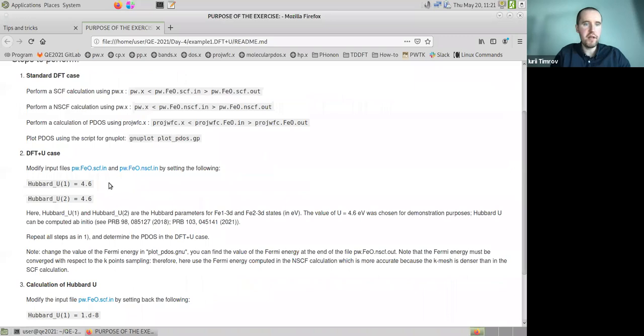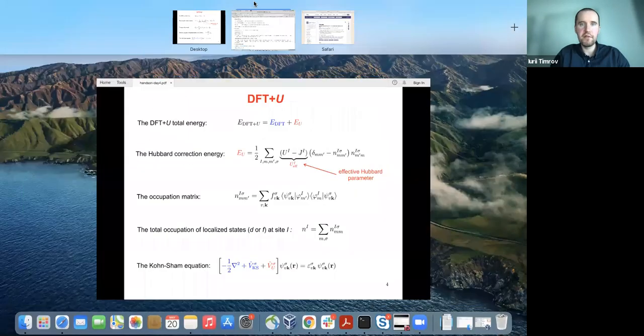You add the value of the Hubbard U parameter, which is 4.6. All the rest is the same, you just repeat the steps that you saw before: SCF and NSCF, projected density of states. I will not do that in the interest of time. So let's see what the final result is.